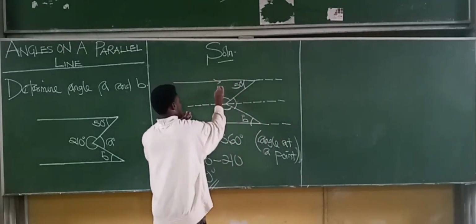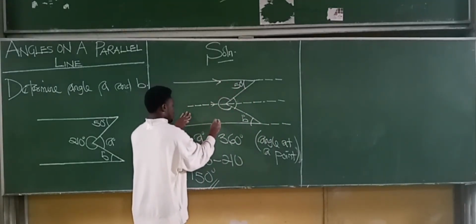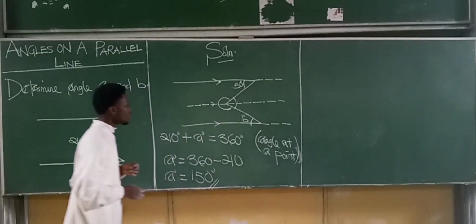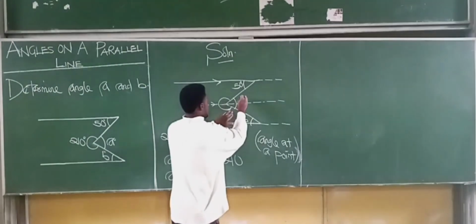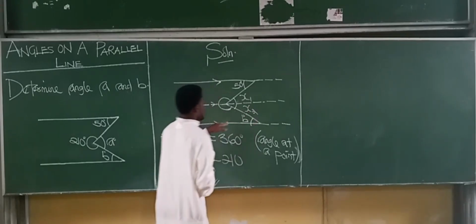Alright, this is parallel to this line, which is also parallel to this line. Let's call this x1 and this x2.